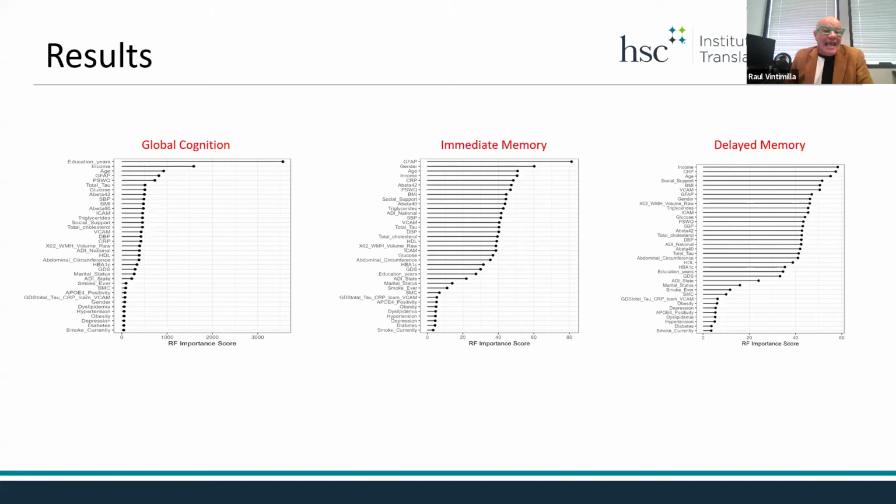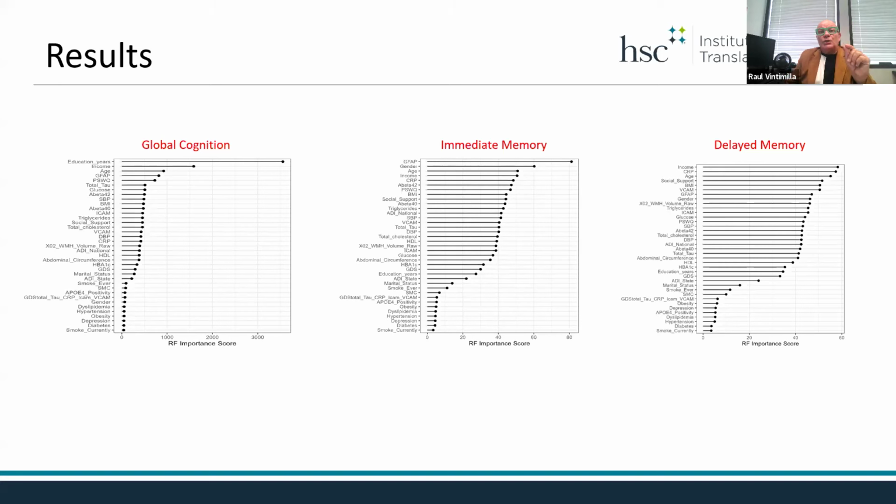And another very interesting fact we found is that in the previous slide, you saw the prevalence of the main 4 cardiovascular risk factors in our cohort. And we were expecting that those factors, the categorical factor of diagnosis of hypertension, diabetes, obesity, dyslipidemia, were going to be important factors, at least in the top 10. To our surprise, in every single domain, the categorical factors are at the bottom of the list.